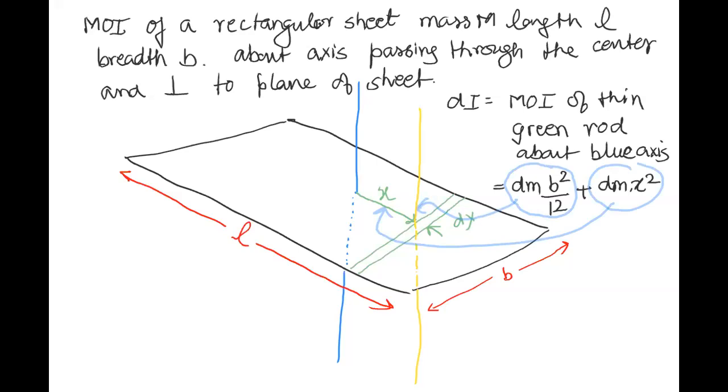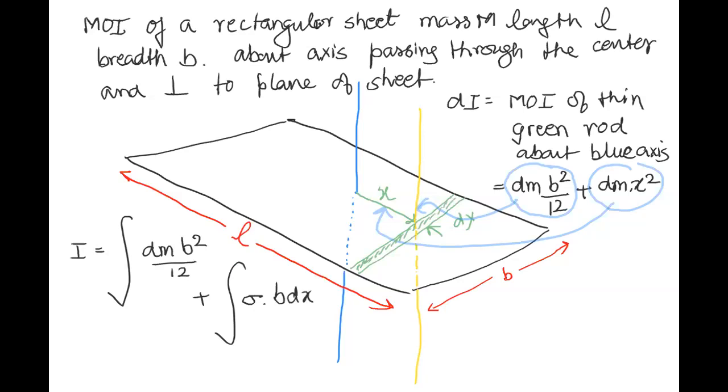So the net moment of inertia will be equal to integral of dm into b square by 12 plus integral of dm into x square. dm will be sigma multiplied by the area of the green strip that we have drawn, which will be equal to b dx multiplied by x square.